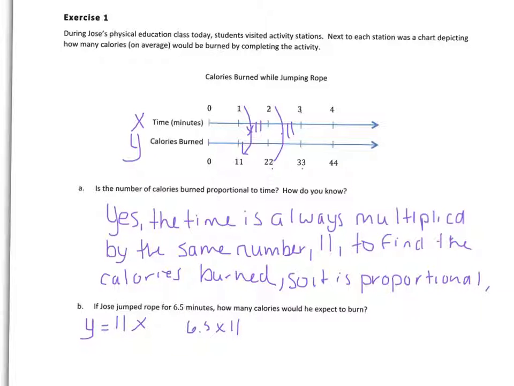And feel free to use a calculator. It's completely fine with me. It turns out to be 71.5 calories. So we took our rate, the rate that you are burning calories per 1 minute, and we multiplied it by the time to get our total calories burned.